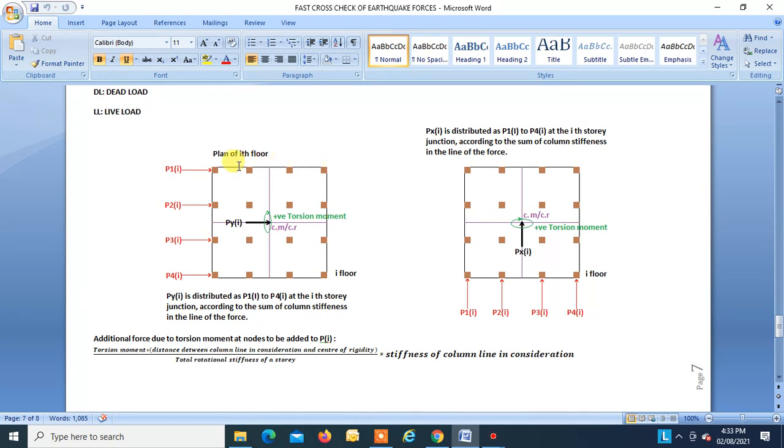This will give you the additional force which has to be added over here due to this torsion.